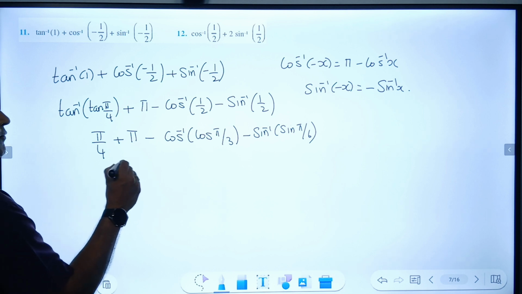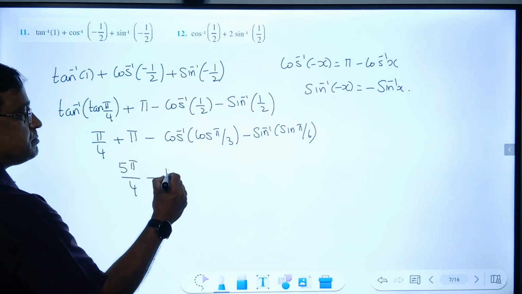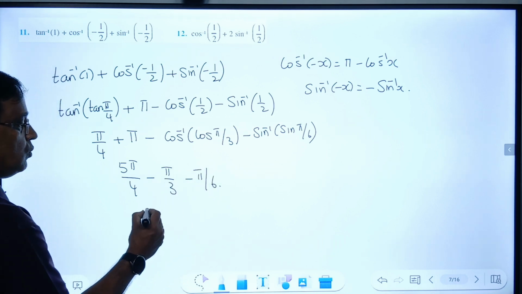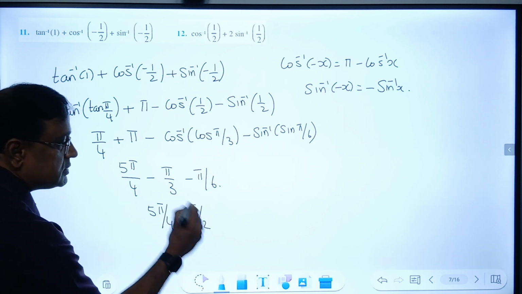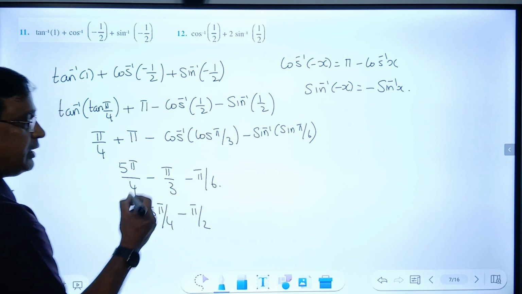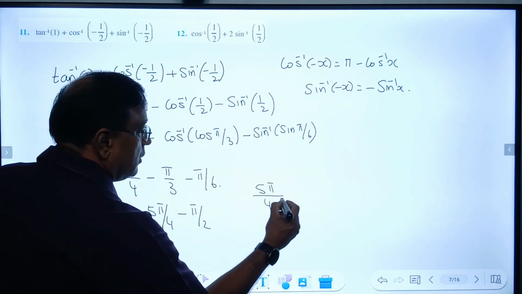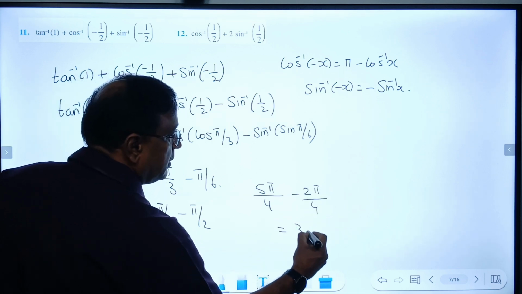So this is 5 pi by 4 minus, this is pi by 3, this is pi by 6, which is 5 pi by 4 minus pi by 2, because 30 and 60 if you add, you get 90. So this is 5 pi by 4 minus 2 pi by 4. So the answer is 3 pi by 4.